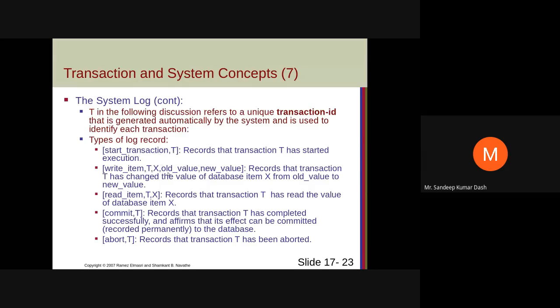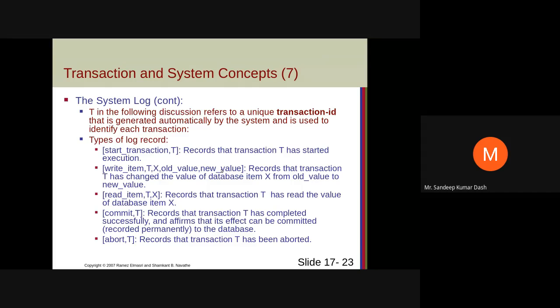Then this entry is for if you are trying to update the database or write anything onto the database.